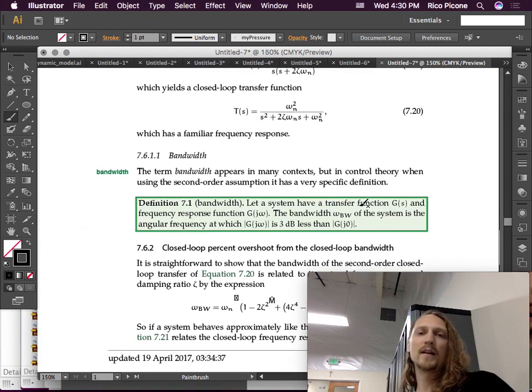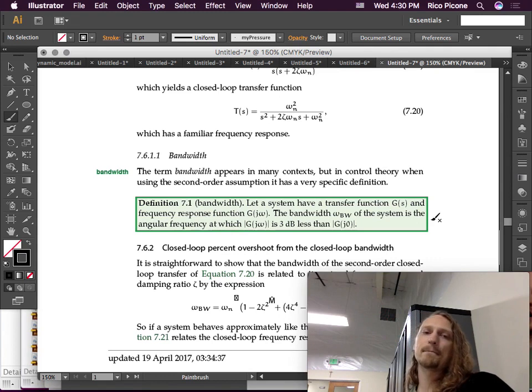Let a system have transfer function G(s) and frequency response function G(jω). The bandwidth, ω_BW, of the system is the angular frequency at which the magnitude of the frequency response function is 3 dB less than the magnitude at zero frequency, the DC magnitude.